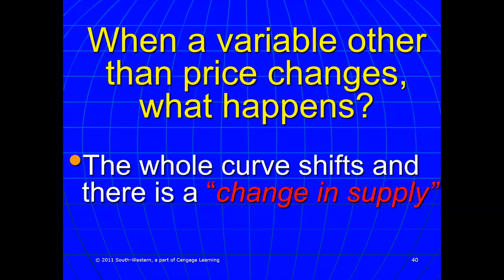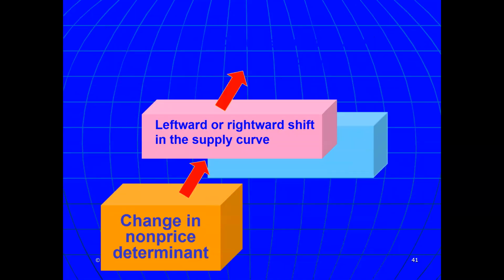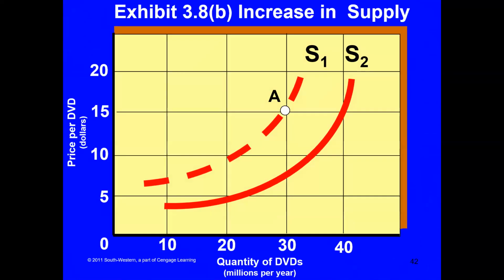Once we violate ceteris paribus, so it's not just price or quantity that we're looking at anymore. It's not just those two variables. If we add in a third variable, so something else has changed, all else is not equal, that's when we get a shift. That's when we call it a change in supply. And let's take a look here.